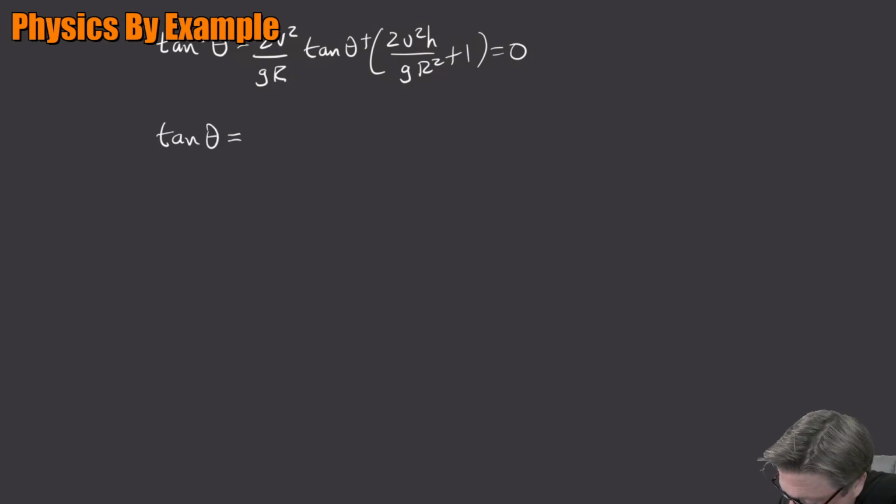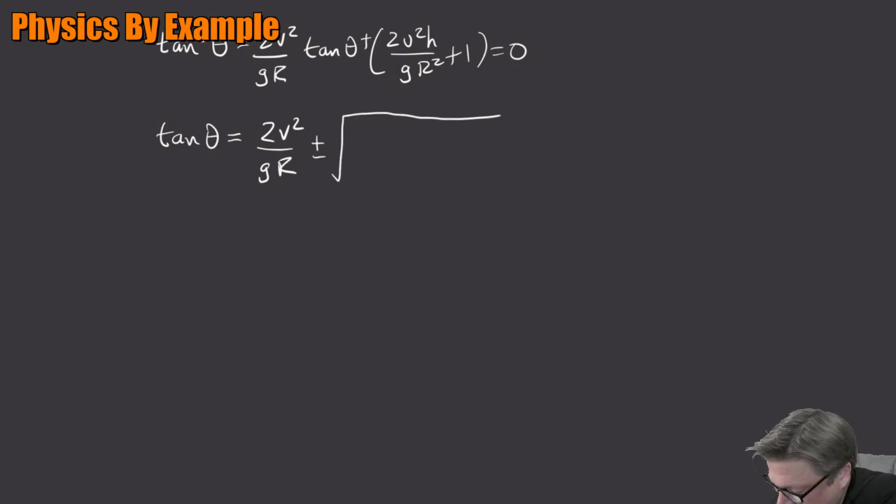So tangent theta, the thing we want, is minus b. That's going to be 2v squared over gr plus or minus the square root of b squared.